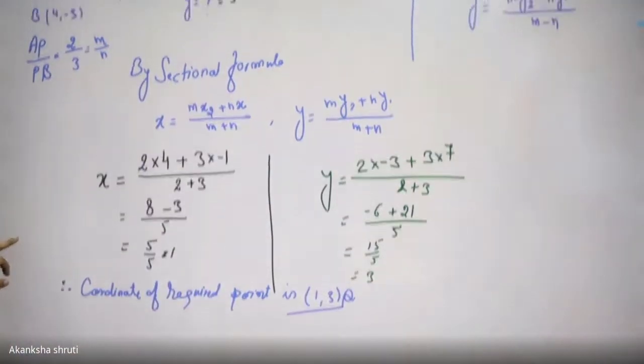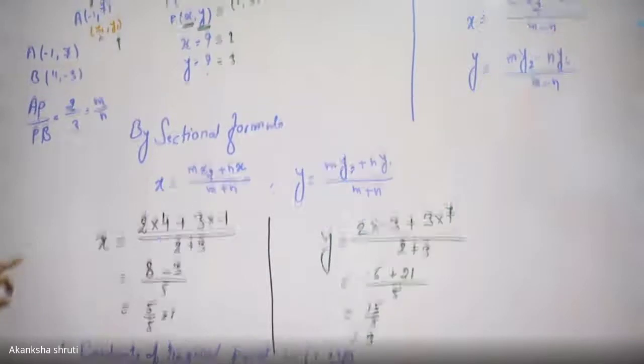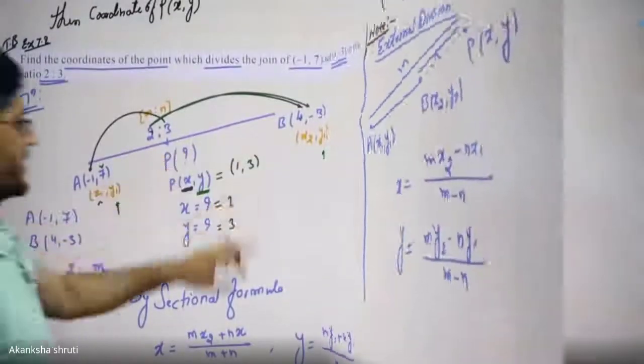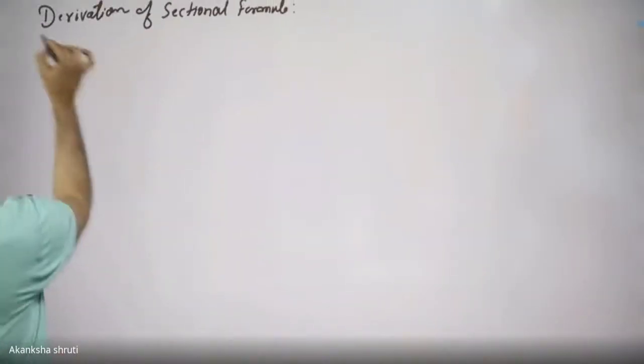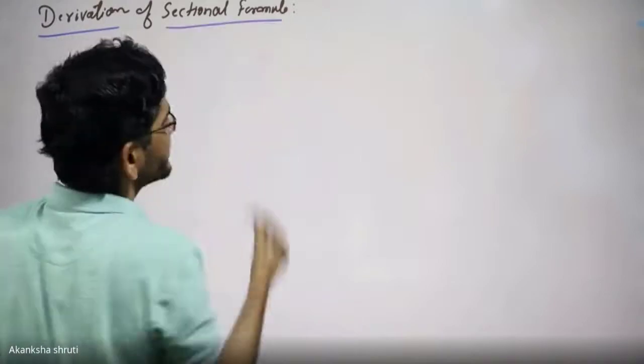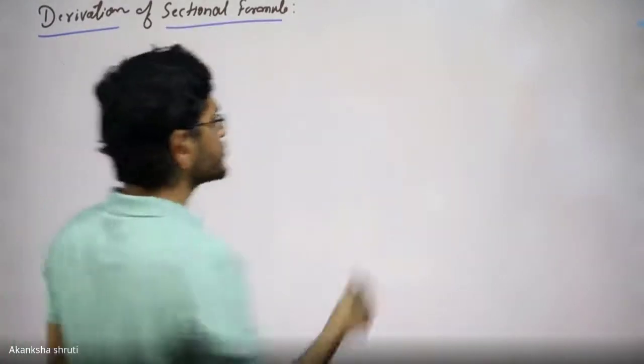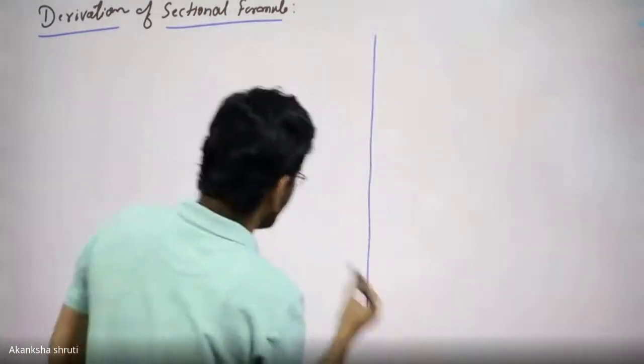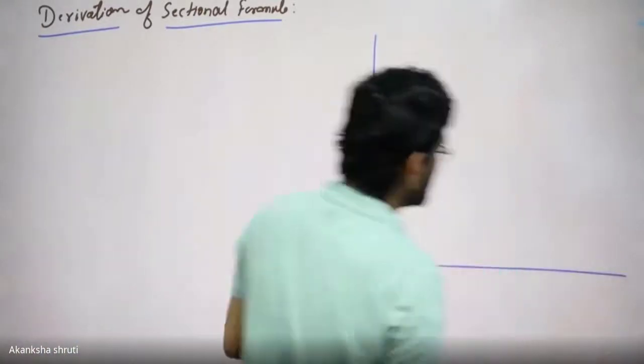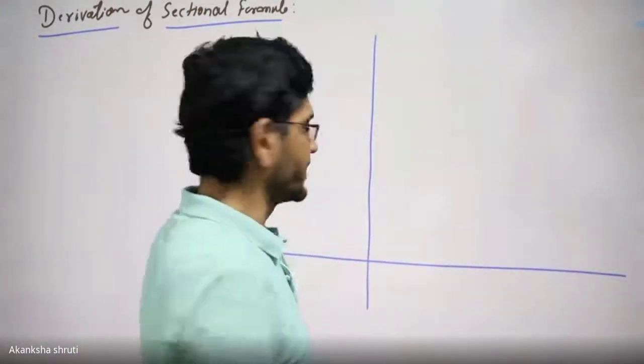So this way we have understood how this section formula is applied. Let us consider the derivation of this section formula. Student, in our coordinate geometry, we are always considering two points in our coordinate system.